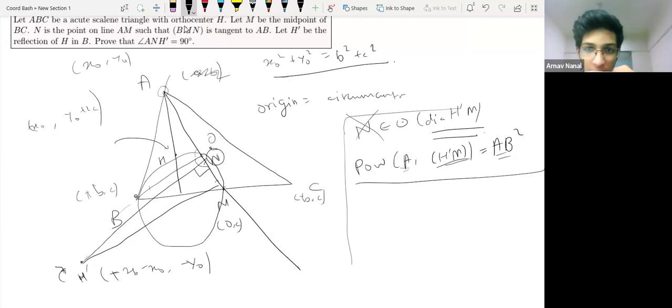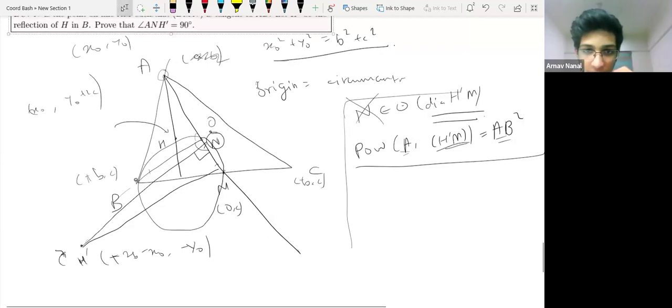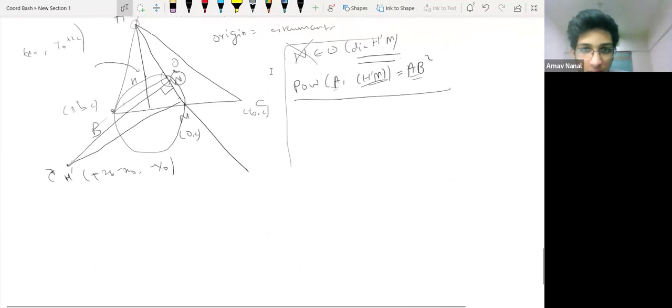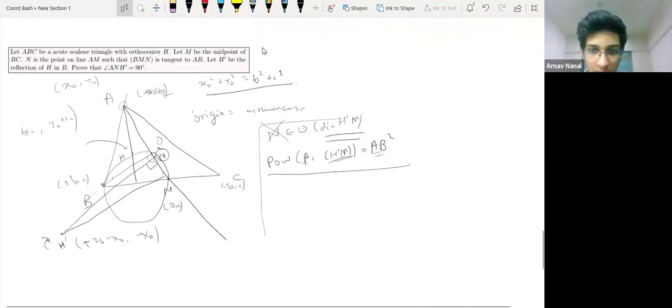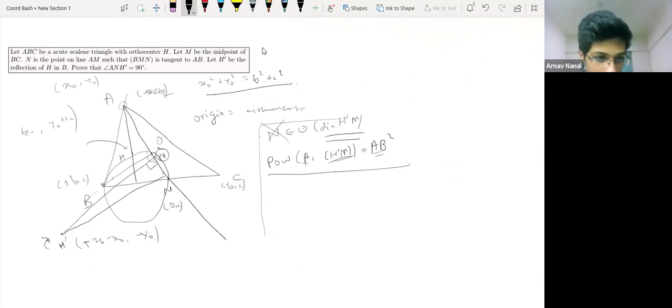So let's do this very quickly. How do you do this? Okay, so this is x plus x naught minus 2b into x minus x naught plus y minus y naught minus 2c into y minus y naught, y plus y naught.